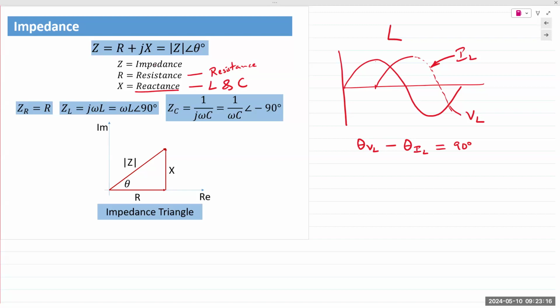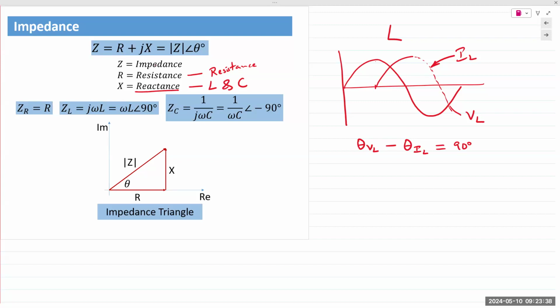Okay. And the opposite happens for a capacitor. Capacitor, we apply a voltage and it opposes any change in that input voltage. So the current could be measured. Current that's flowing in the circuit around the capacitor can be measured, but the voltage would be slower to change. So the voltage always lags in a capacitor.